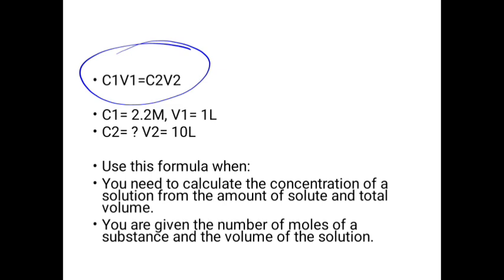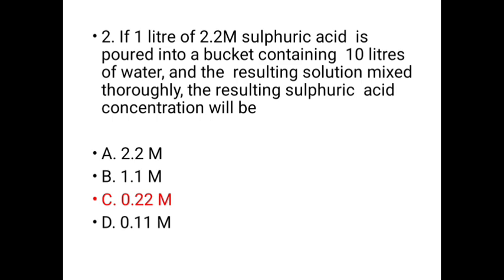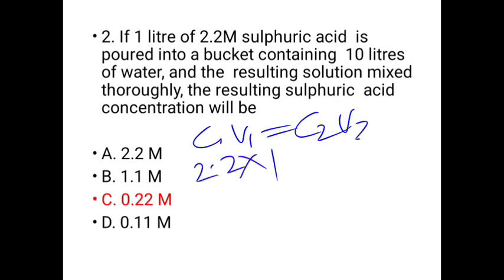From the question, C1 is 2.2, the concentration of the sulfuric acid, the first volume V1 is 1 liter, then the second volume V2 is 10 liters. They're asking you to find the concentration of the second solution. So C1V1 equals C2V2: 2.2 times 1 equals C2, which is unknown, times 10 liters.